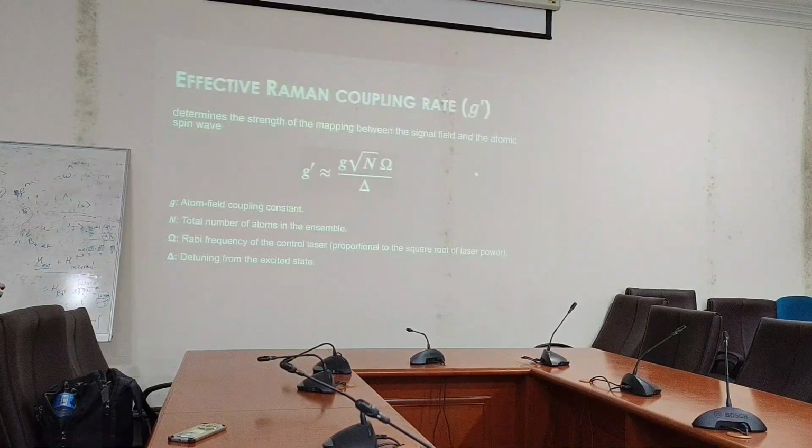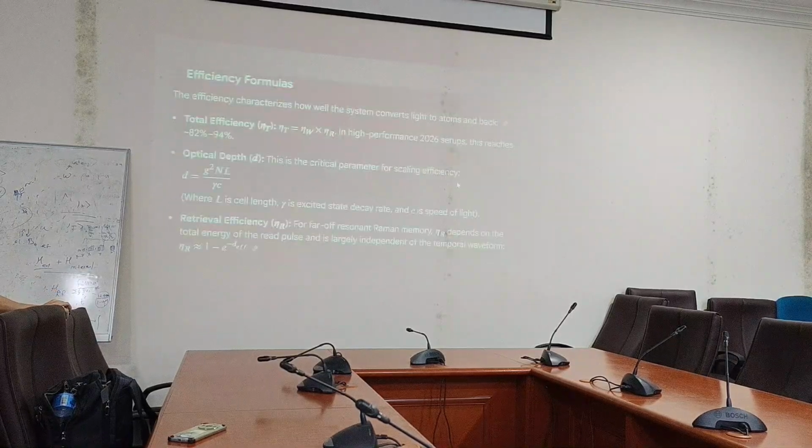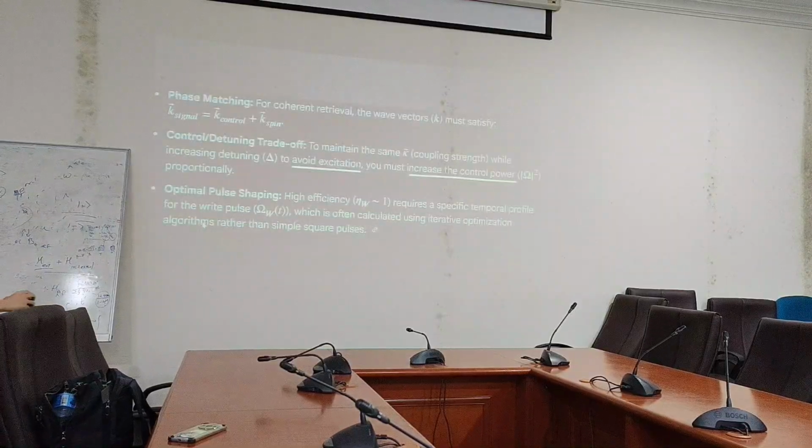This is the formula for the effective Raman coupling rate. So like this. And this is the efficiency formula for it, the optical depth and retrieval efficiency. Also a phase matching and control power trade-off, which means we want to avoid excitation, so we need to increase the control power.